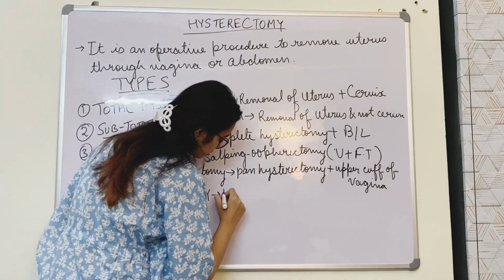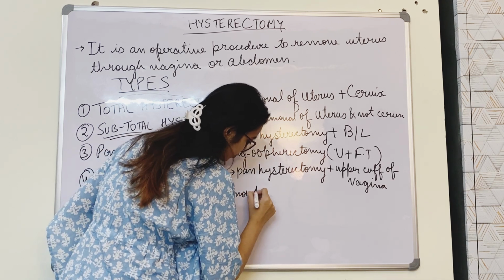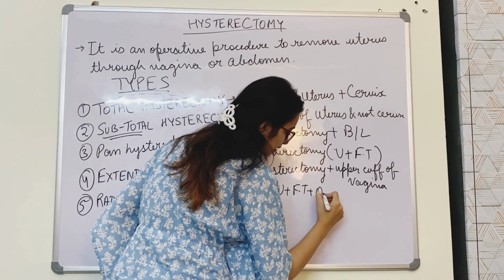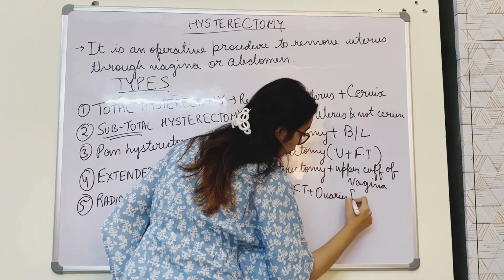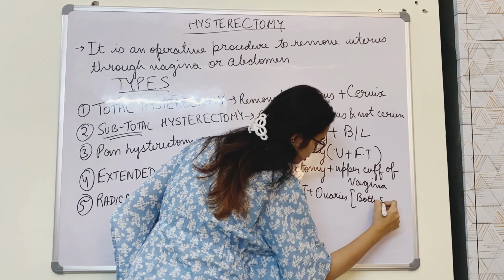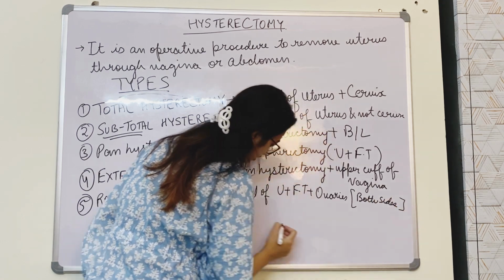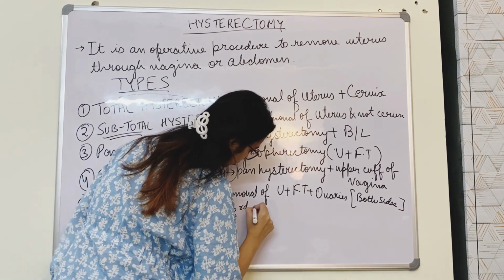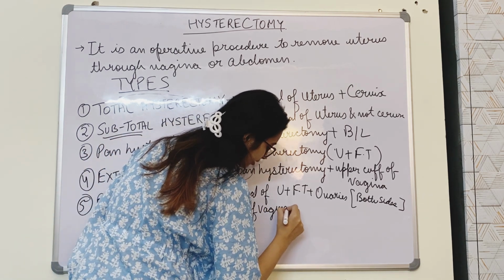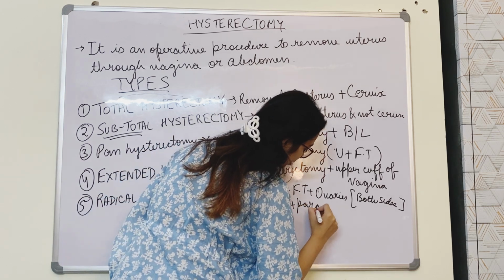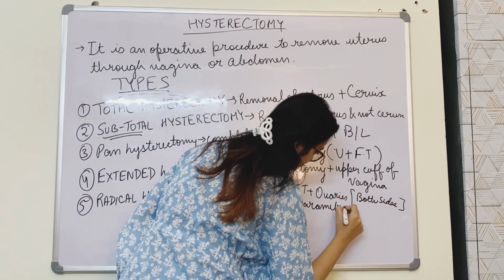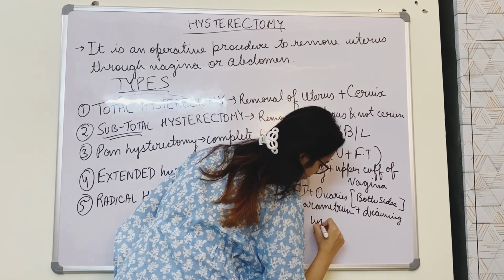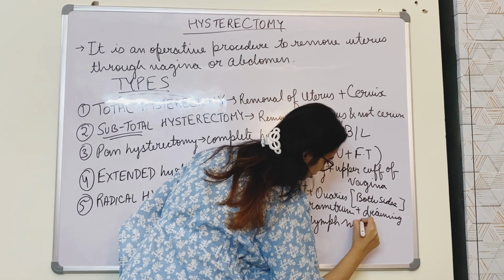It includes removal of uterus plus fallopian tubes plus ovaries of both sides plus upper 1/3 of vagina plus parametrium plus draining lymph nodes.